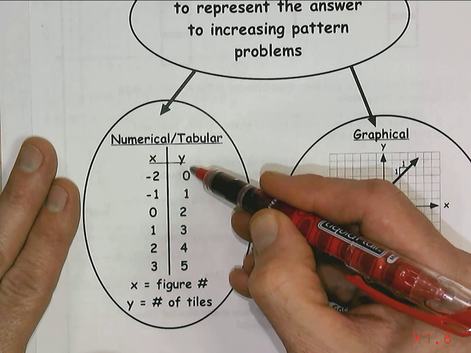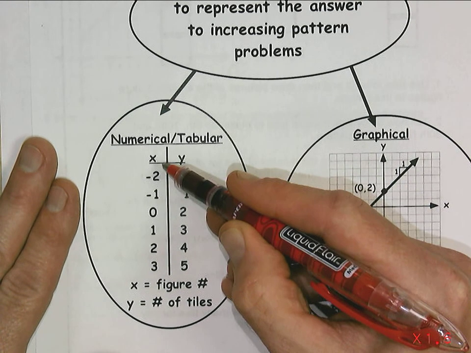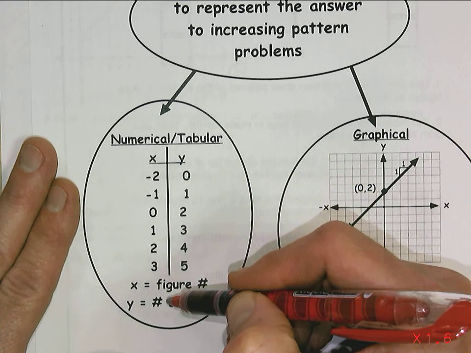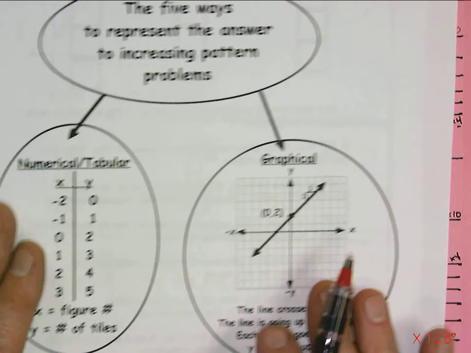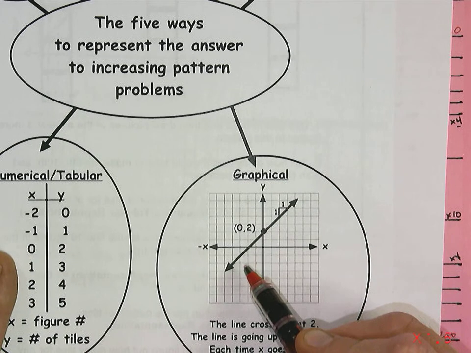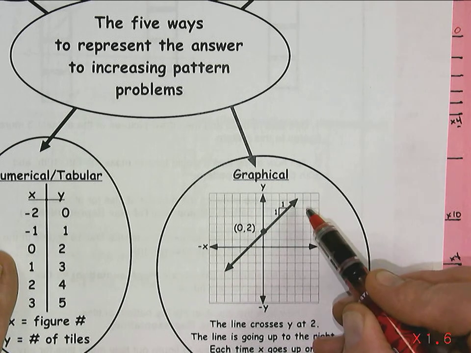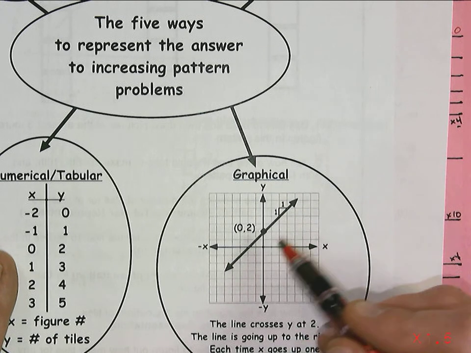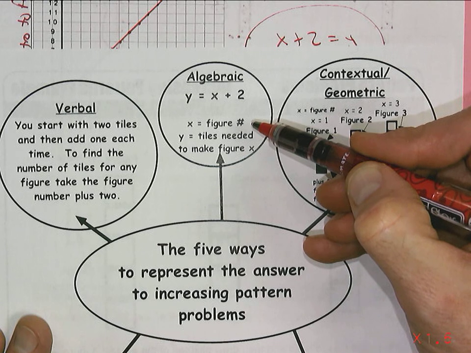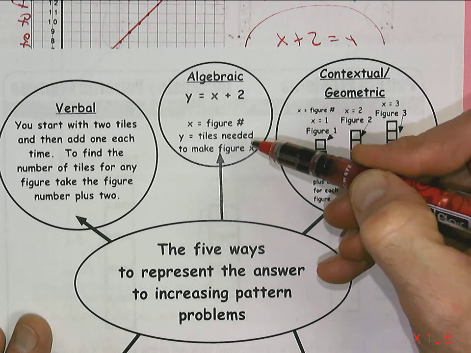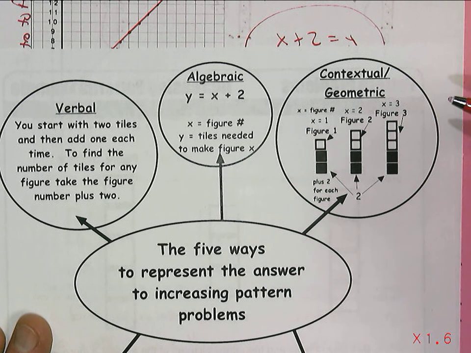Sometimes we can even extend the pattern into negative numbers because patterns extend both directions. And we talk about the figure number, number of tiles. We have a graphical representation of it, showing how it's increasing from left to right. We have an algebraic representation using the figure number and the number of tiles needed to make a figure.